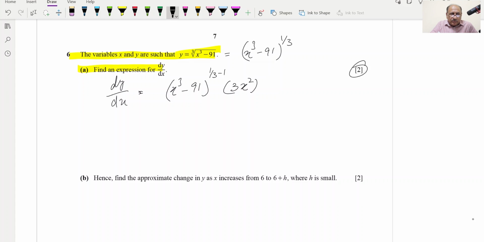So this will basically be the outer part pulled first.